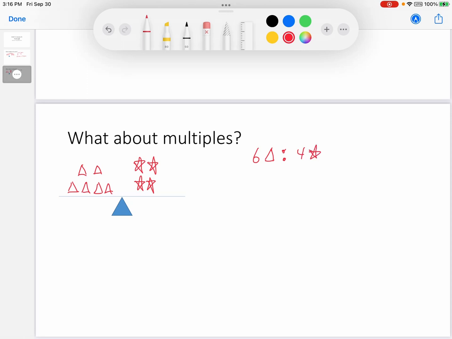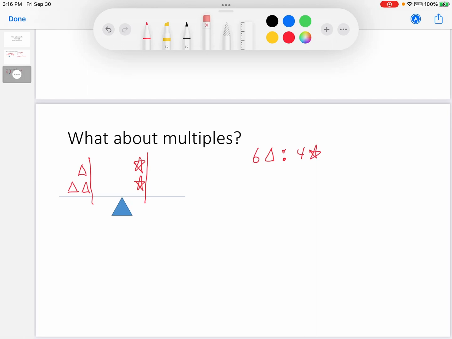Well, couldn't I cut that in half and change it into 3 triangles and 2 stars? Wouldn't that weigh the same amount as each other?